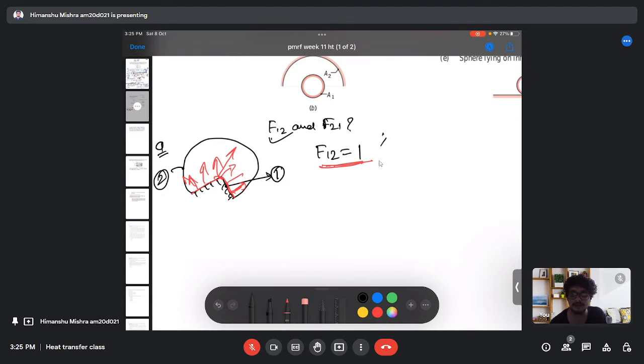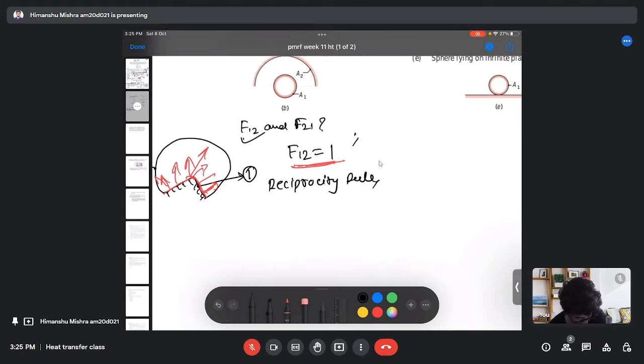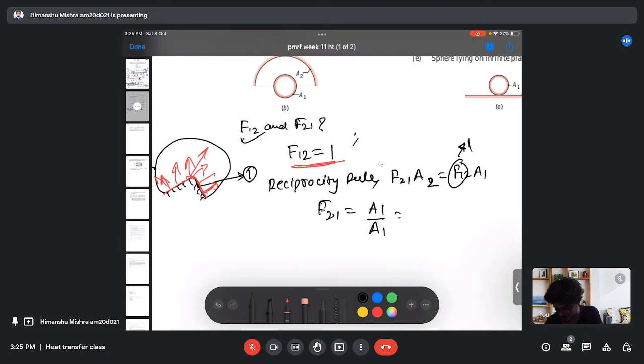Now to find the value of F21, we will use the reciprocity theorem. So here, this is 1 by inspection. So my F21 will be just the ratio of two different areas.